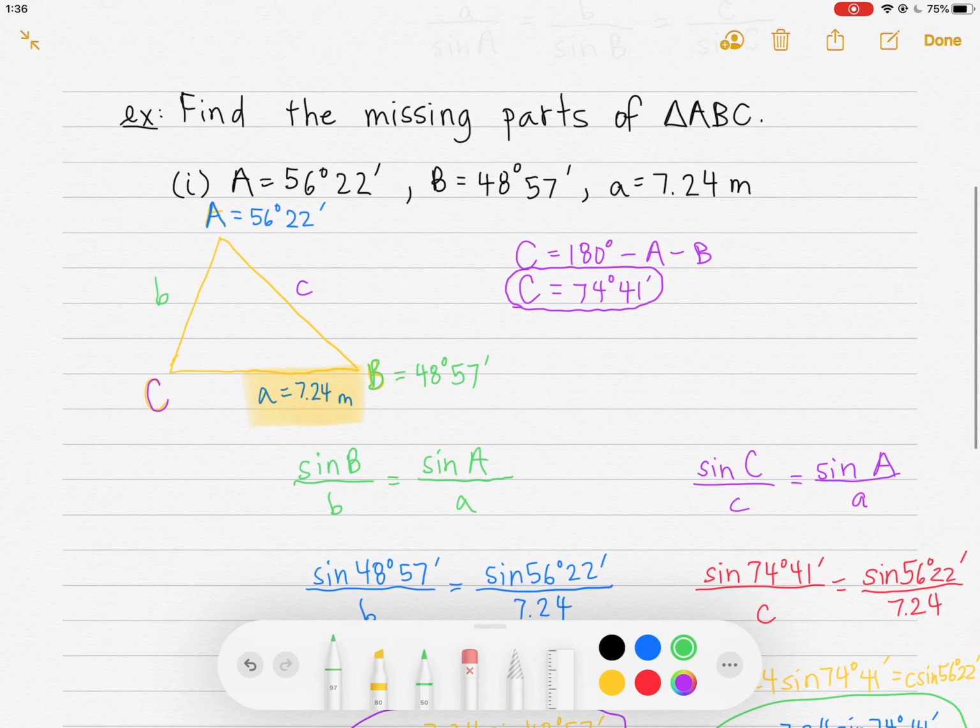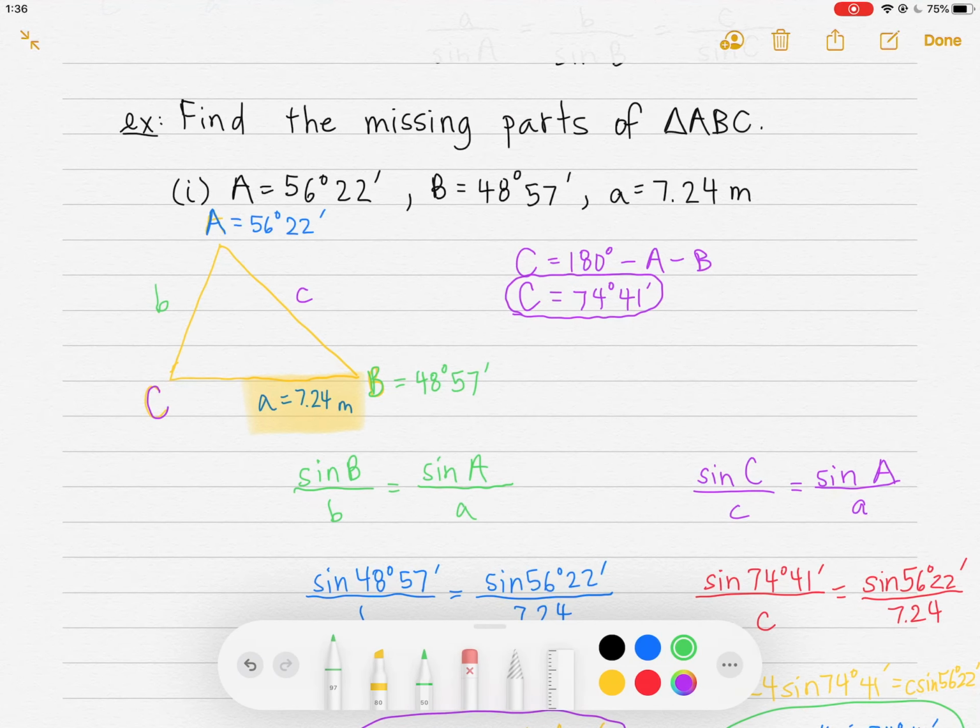Okay, so again, we are also going to get the law of cosines in the next section. There are going to be certain times when you're going to have to use either the law of sines or the law of cosines.